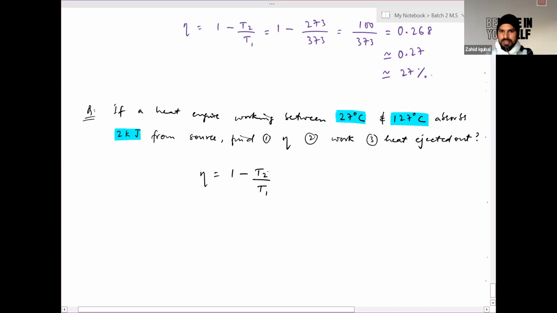T2 will be lower and T1 will be higher. So T1 will be 127 plus 273, that will be 400 Kelvin.